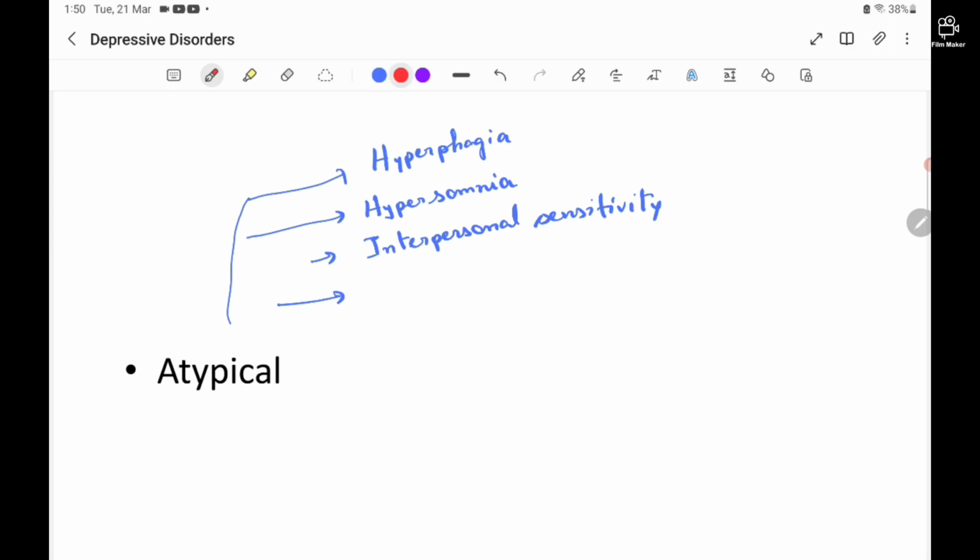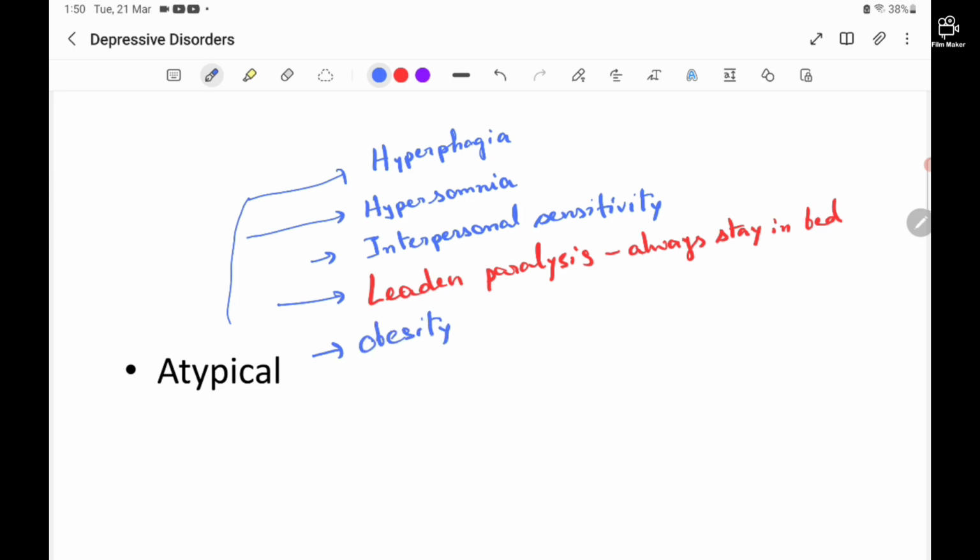Then there is a very typical condition called leaden paralysis. There is no neural or nerve disorder, but the person always stays in bed. There are no neurological complications in the person. There can be obesity and craving for carbohydrates.